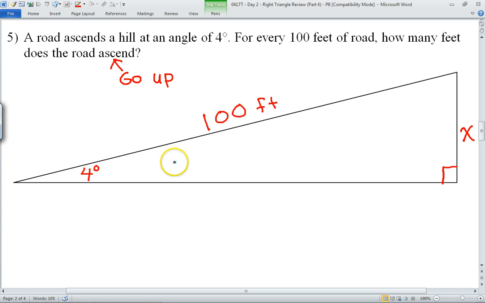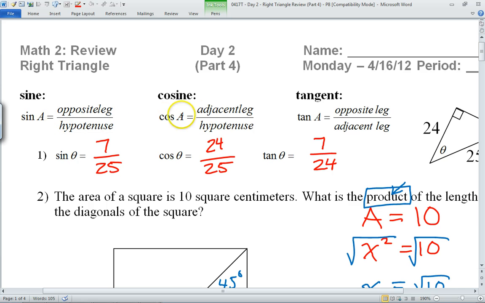Those trig functions, tangent, sine, cosine. Think about that. Now, looking at the 4 degrees, looking at the x, looking at the 100, which one of those trig functions am I going to use? These formulas will be given to you, so refer back to them.